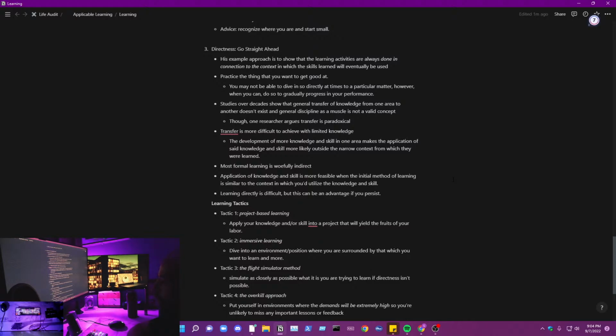You can study many years the actual coding languages, but it isn't until you actually start to practice coding that you become a programmer. So essentially, if you want to be good at a particular thing, try to do that particular thing instead of just, again, intaking knowledge and not doing anything with it.